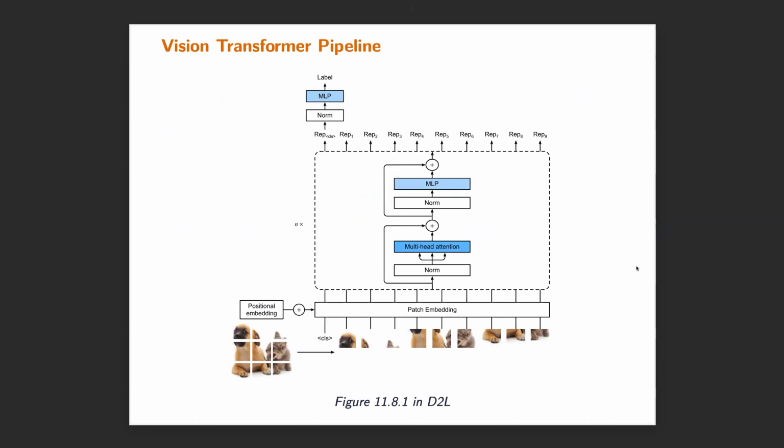So here is the vision transformer pipeline. We divide the image into similar size patches, and then we flatten them as vectors and we feed them to the patch embedding layer. So note that we have a positional embedding here. And again, the reason is self-attention doesn't really care about the order, and we know that the proximity of these pixel values really has meaning. That was one of the rules, or inductive biases, that we infused into our CNNs.